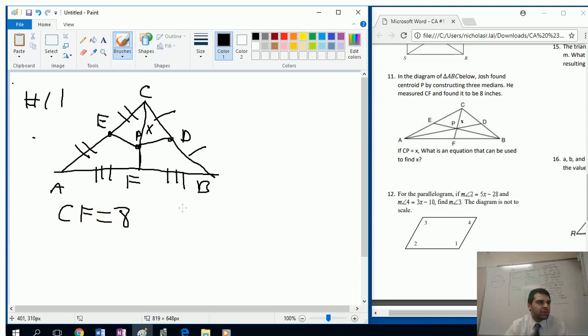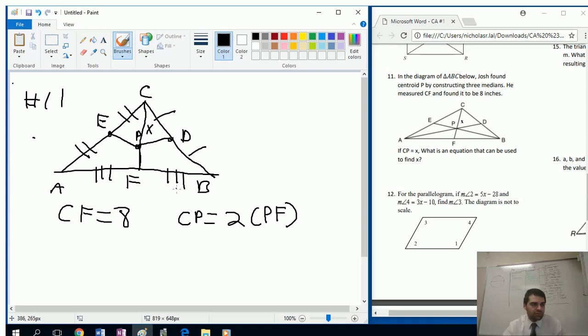And we know that for our centroids, we can put in the equation CP is equal to 2 times PF. Because with centroids, the distance from the vertex to the center of the triangle and from the center of the triangle to the opposite side of the vertex is a ratio of 2 to 1. That's just something you got to know.